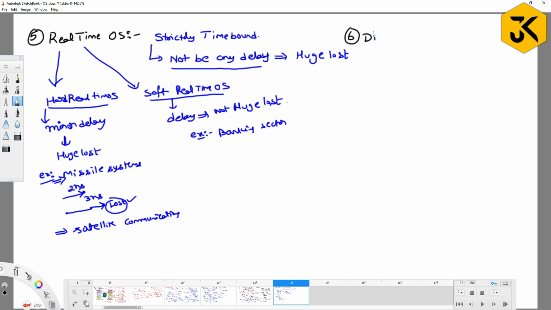And you can observe another kind of operating system called distributed operating systems, right? If you want to provide the same interface for all users, then you can go with the distributed operating system. Meaning the resources that are there are in general independent, and they are controlled by one operating system.